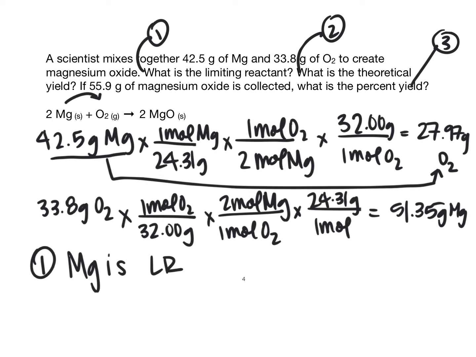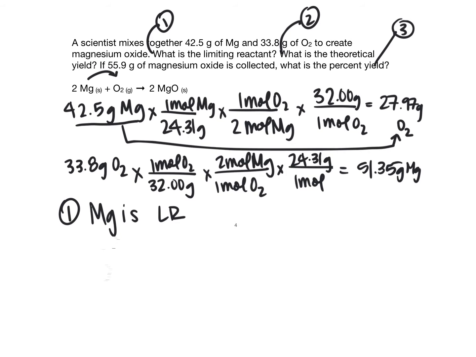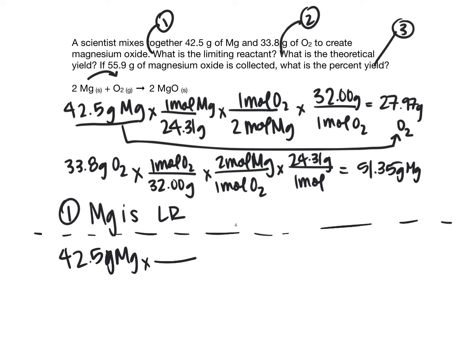So once we identify the limiting reactant, we can actually go ahead and start to answer number 2. What is the theoretical yield? So I'm going to shrink this, give me a little bit more space. So for number 2, we are going to convert the limiting reactant, so the 42.5 grams of magnesium, we're going to convert that into magnesium oxide. So there are 24.31 grams in 1 mole.